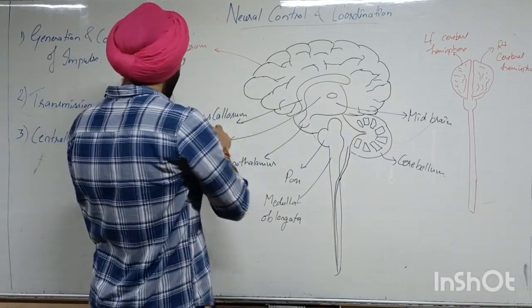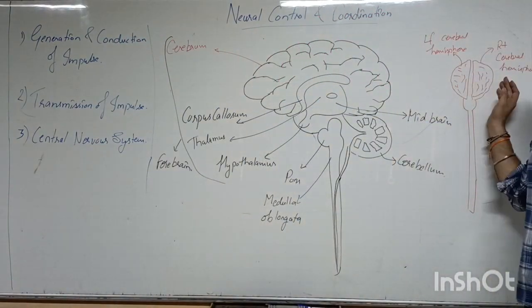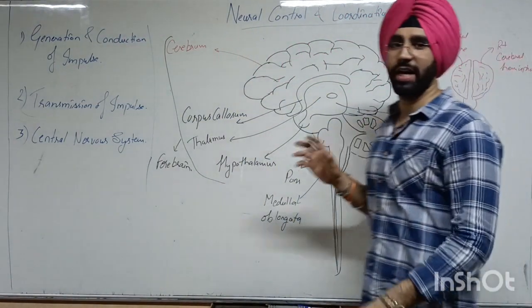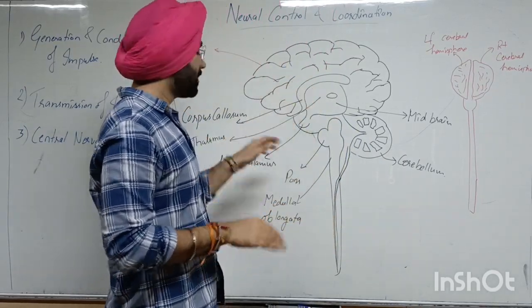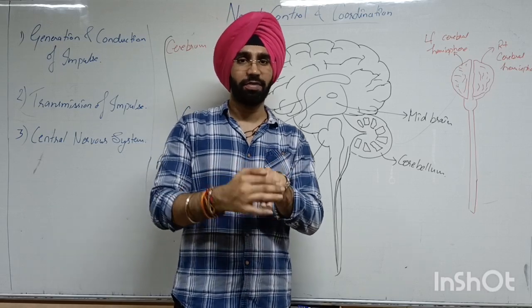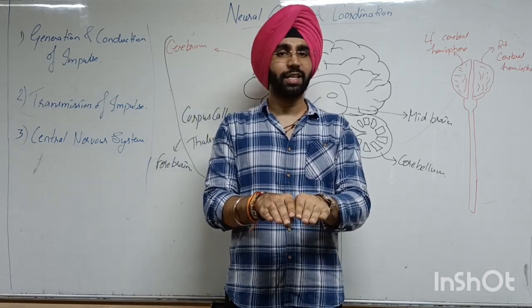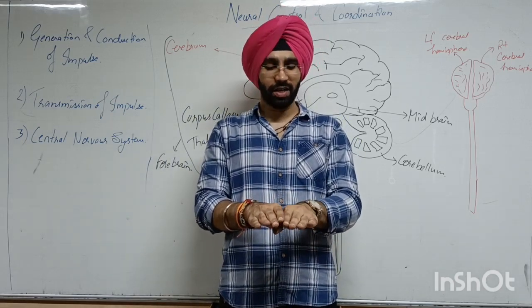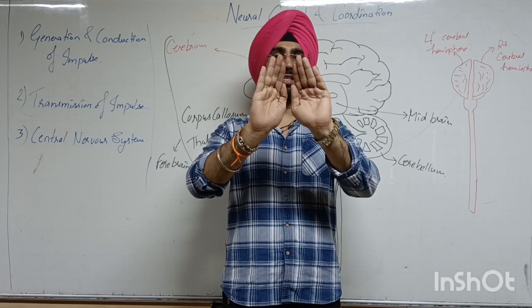Again, the next part is the corpus callosum. As you can see, the cerebrum is divided into two parts like this, the right cerebral hemisphere and the left one. The corpus callosum is a layer made up of nerve fibers. Like this, these two hands are the left and right cerebral hemispheres, and between them there is a gap.